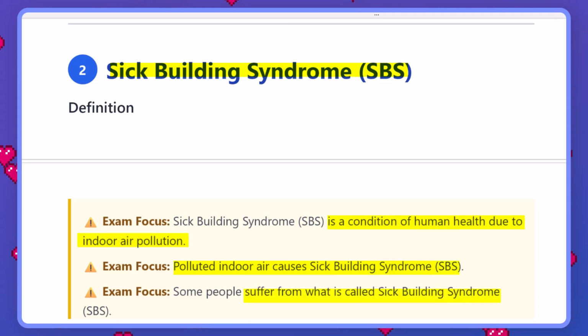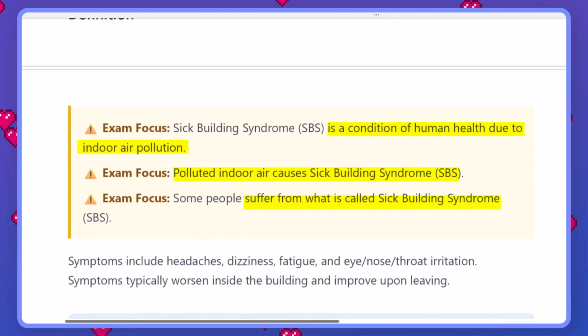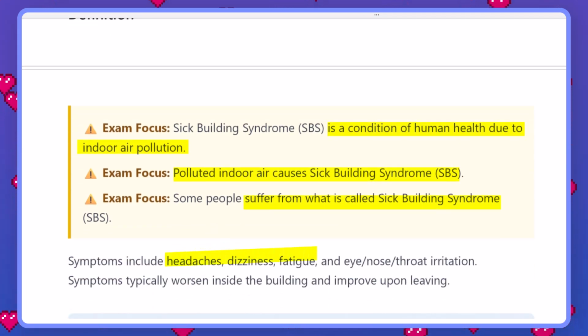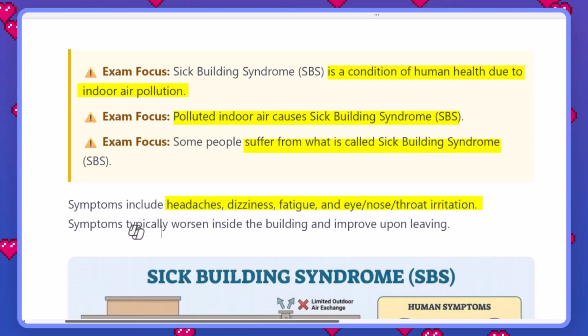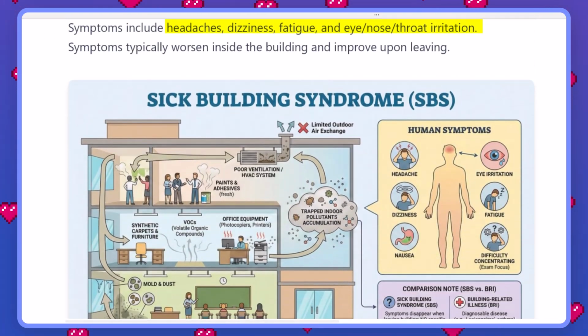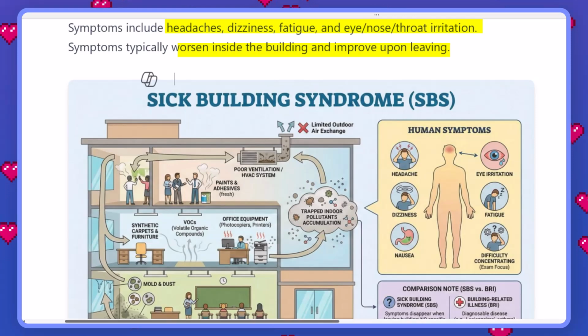Some individuals who spend long hours inside certain buildings suffer from symptoms such as headaches, dizziness, fatigue, and irritation of the eyes, nose, or throat. A defining feature of SBS is that these symptoms worsen while a person is inside the building and improve or disappear after leaving the space, a characteristic examiners often expect you to mention.